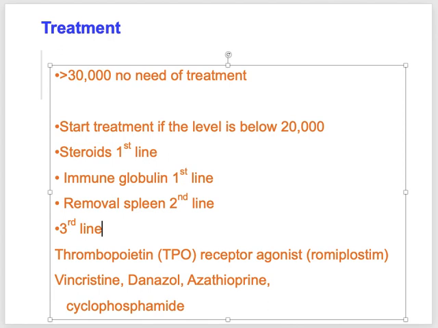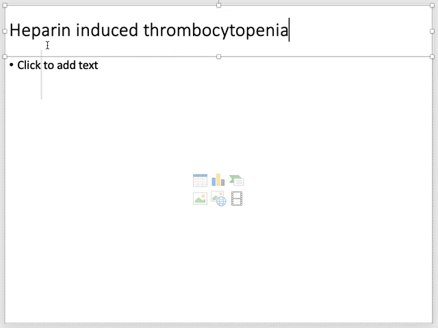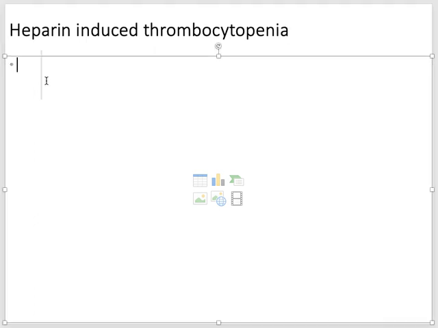And then we will talk about one more thing called heparin-induced thrombocytopenia. It basically has two types, type 1 and type 2. As you can see from the name, when we start someone on heparin, there can be thrombocytopenia.